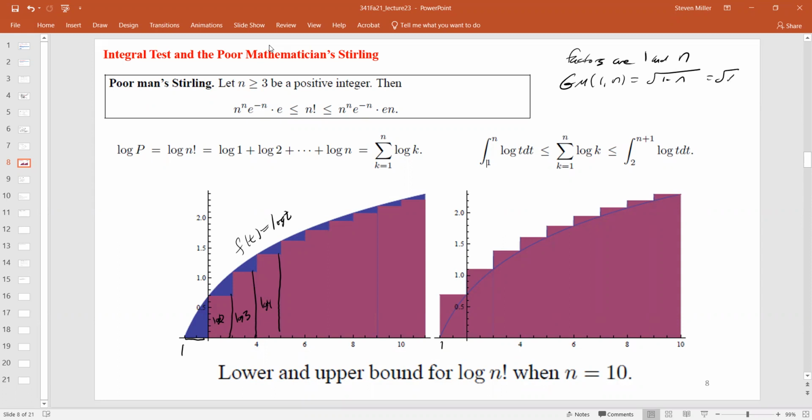And for us, that's going to be the square root of n, which is exactly what Stirling is supposed to be. It's supposed to be of size n to the n, e to the minus n, square root of n. And since we're doing logarithms and we're really coming from a product, the geometric mean is actually a more reasonable thing to look at. If you got a 1 on your first test and 100 on your second, what's your average approximately?